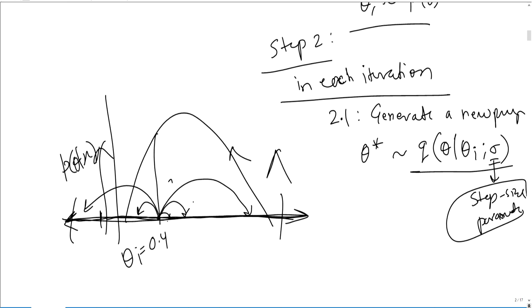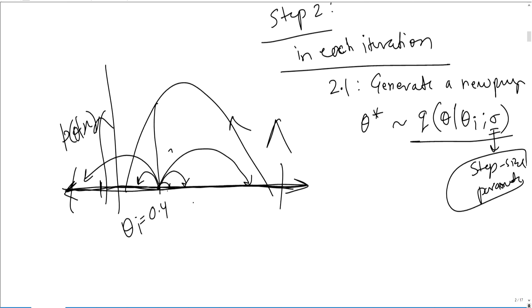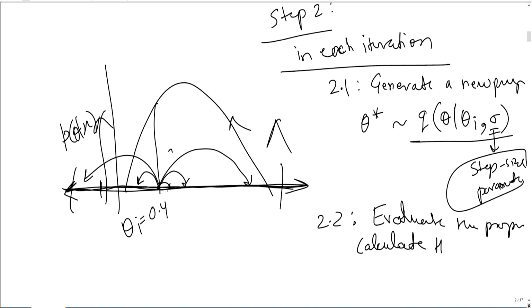So once you have generated a new proposal conditional on the current state of the chain and some step size parameter sigma, then in step 2 we evaluate the proposal. How do we evaluate the proposal in this case? We calculate the Hastings ratio.